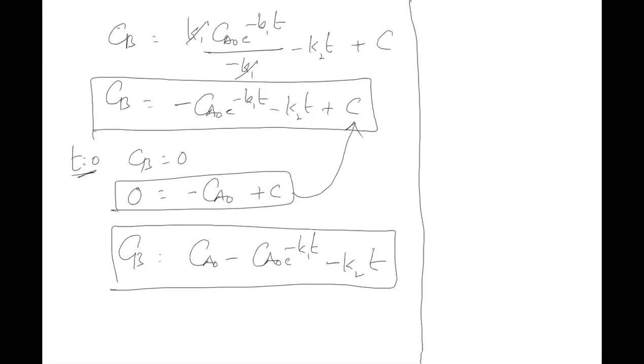Then, how do you find the maximum? dCB by dt equal to K1 into CA naught into e power minus K1t minus K2, which is equal to 0. K2.